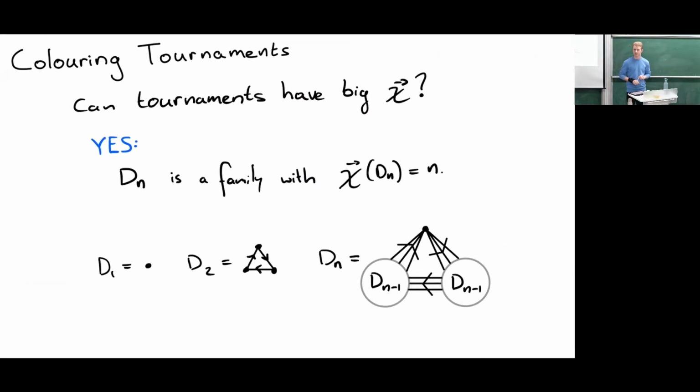And this generalizes to a sequence where every time we take two members of the previous tournament in the sequence and then add these cyclic triangles with one extra vertex. And this has arbitrarily large dichromatic number.